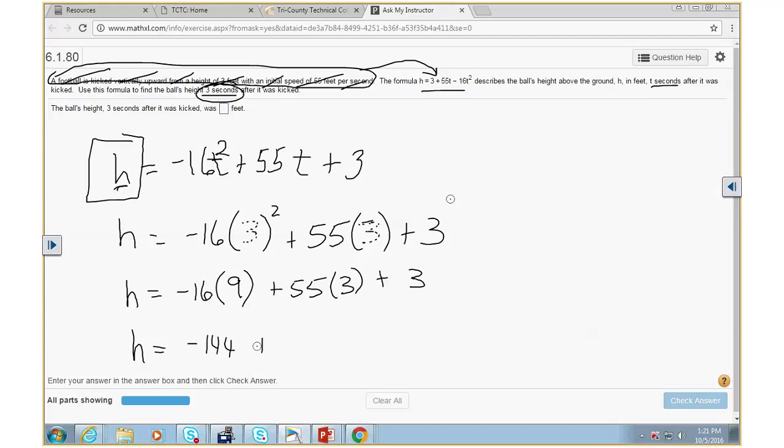Plus 165 plus 3. Somebody check my math. And then negative 144 plus 165 is 21, plus 3 which is 24. So at 3 seconds, that football is at 24 feet.